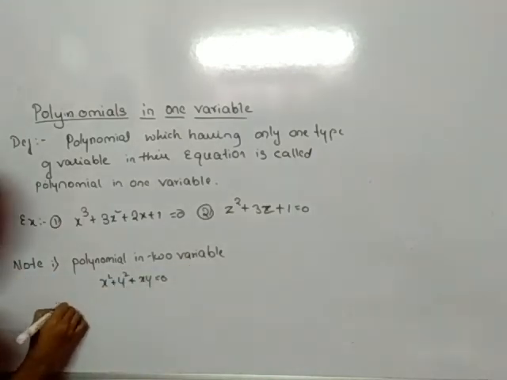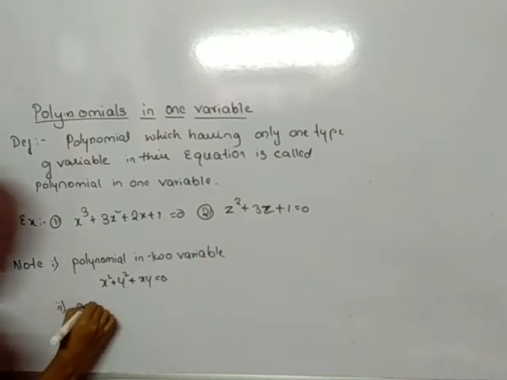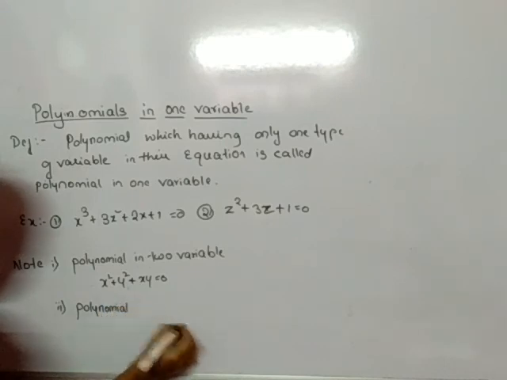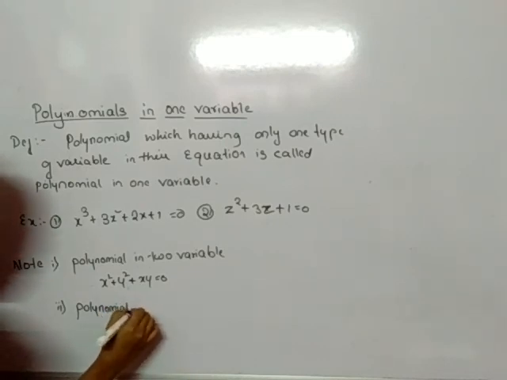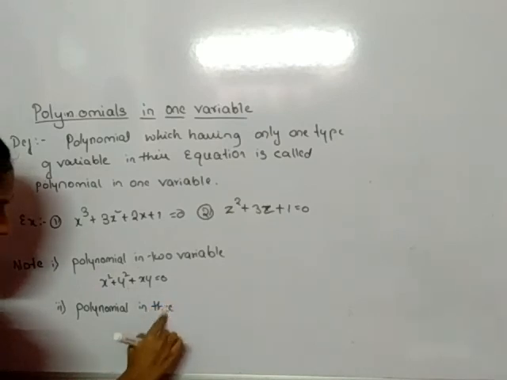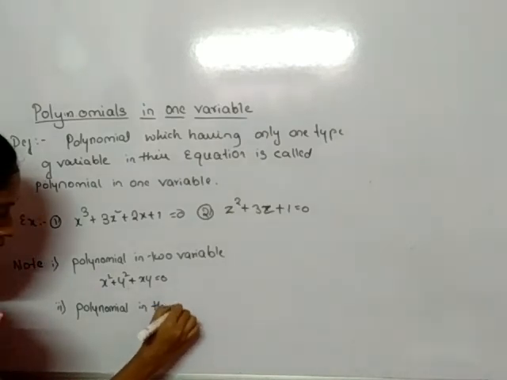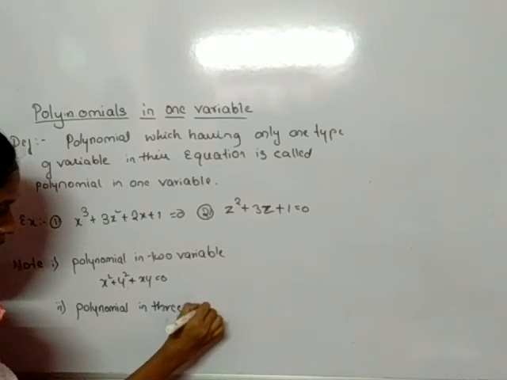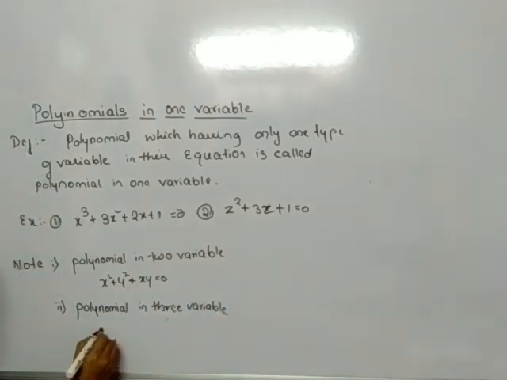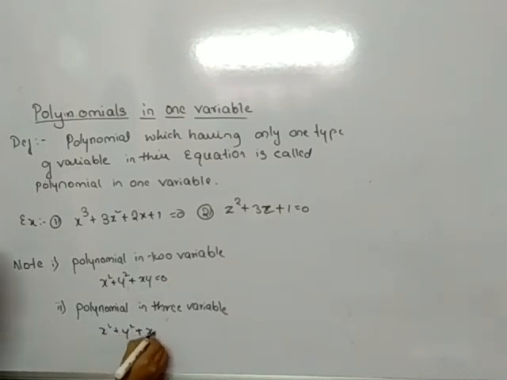Then the second point, polynomial in three variables. How does it look? x square plus y square plus xyz is equal to 0.